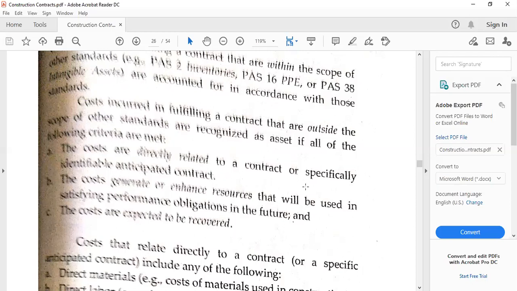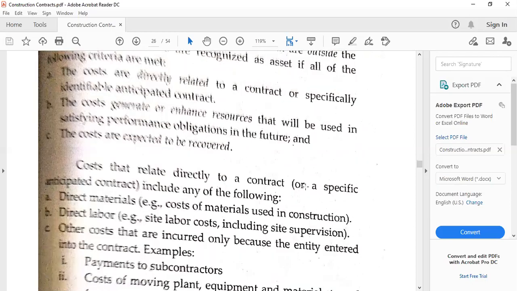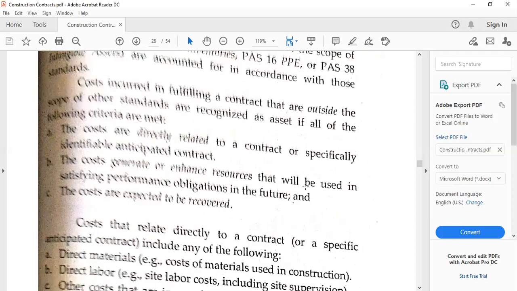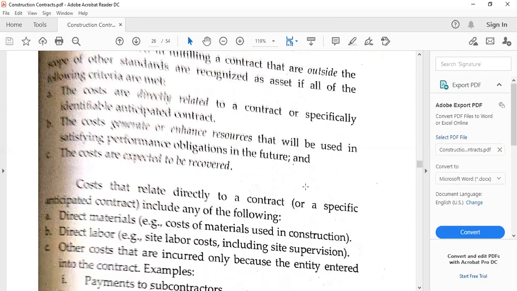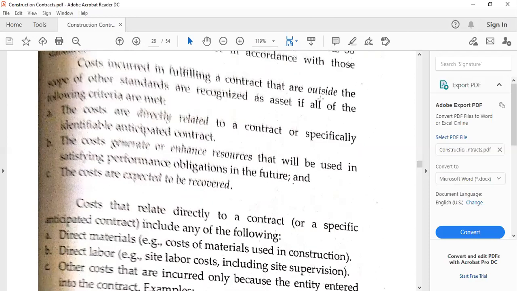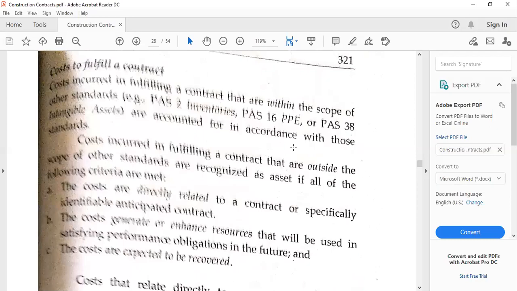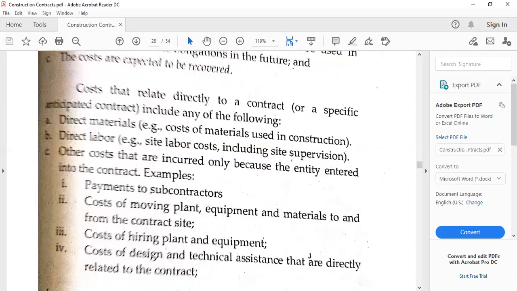If they are, then they have to be capitalized. All right, so basic rules are to be followed. So if these requirements are met, we follow PFRS 15 if they're outside the scope of these standards.